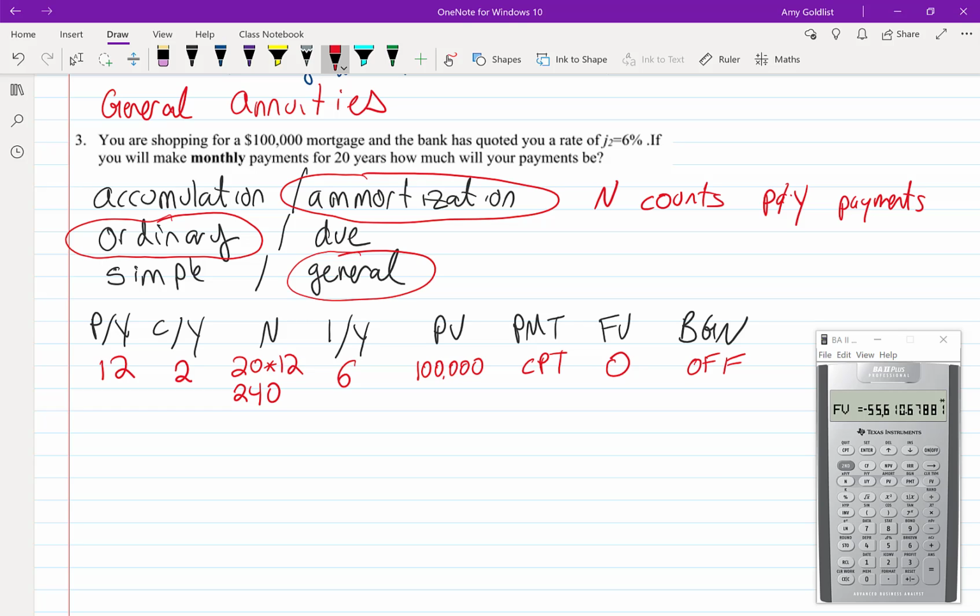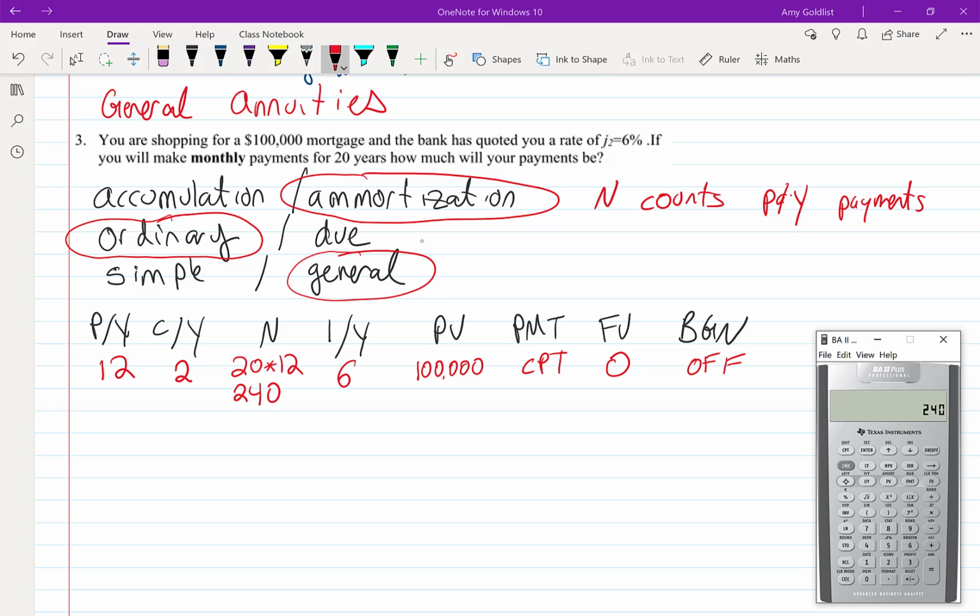Let's run this through. We go into PY and we set that equal to 12. When I scroll down, you can see that CY has changed, so I have to set it to be different. When I scroll up, you'll see when you set CY, PY doesn't change. But when you set PY, CY changes.